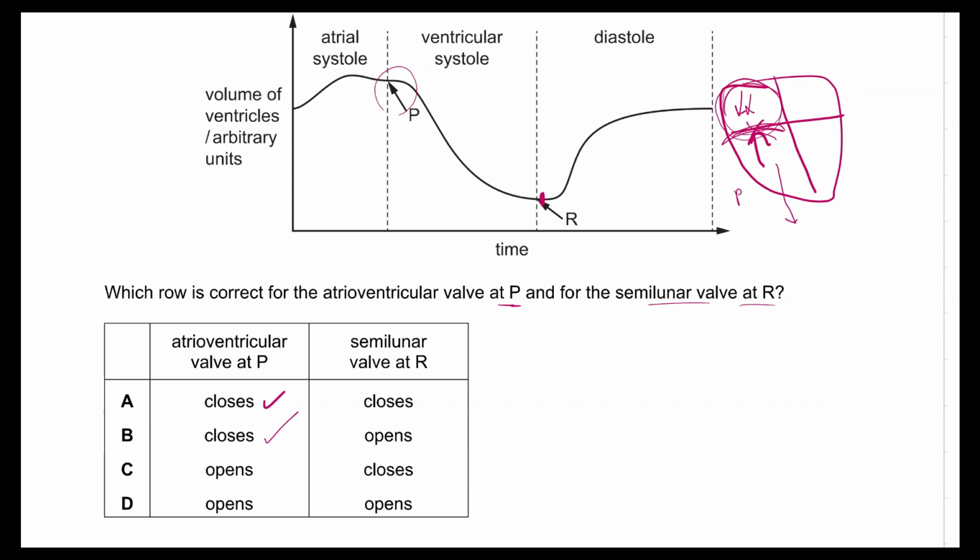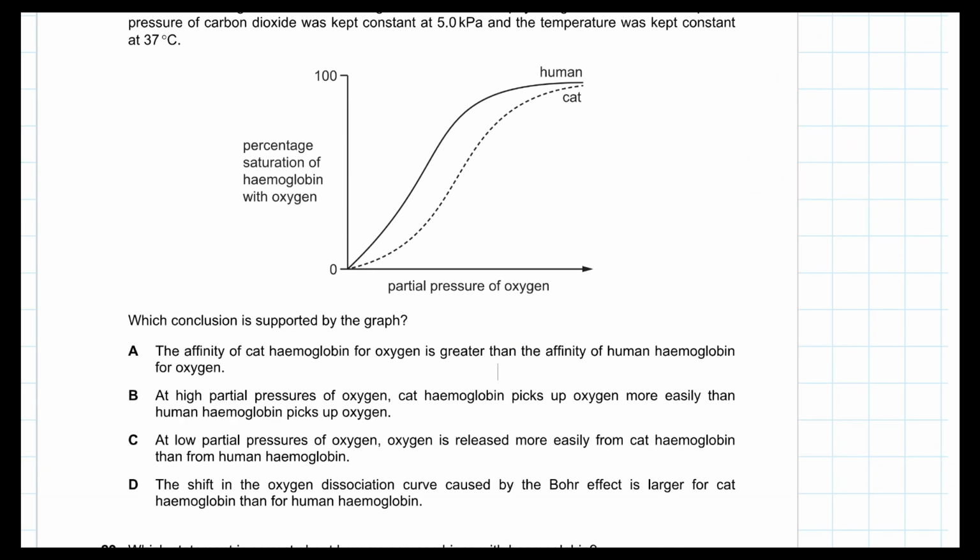The pressure is no longer strong enough to push blood outside through the semilunar valve. Therefore, the semilunar valve shuts. Therefore, at R, the semilunar valve closes, and the answer is going to be A.